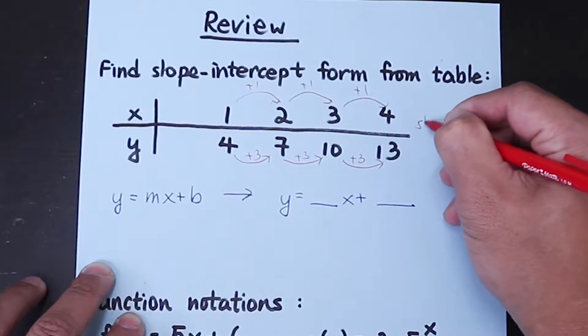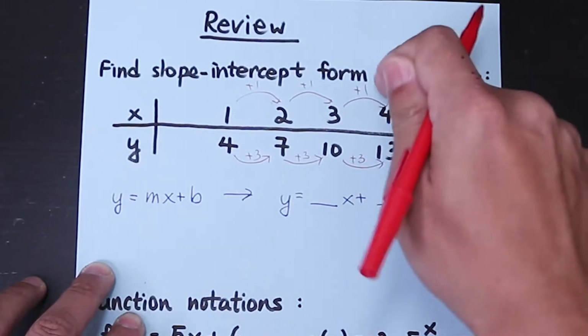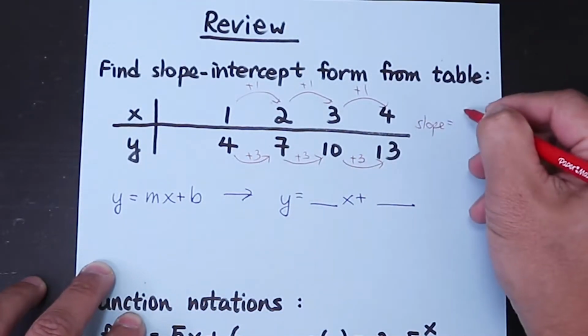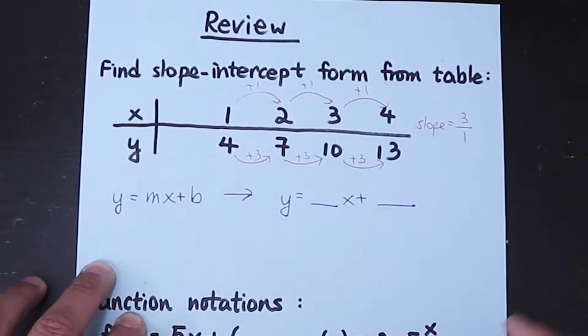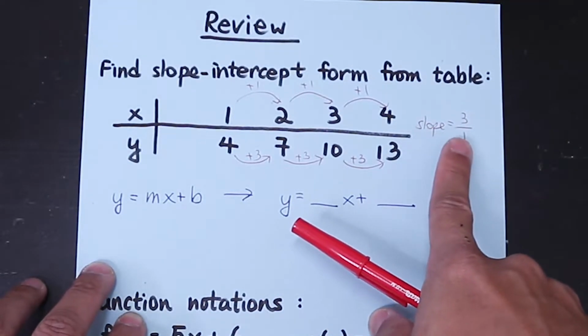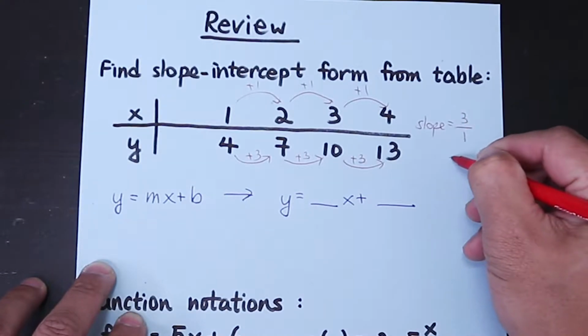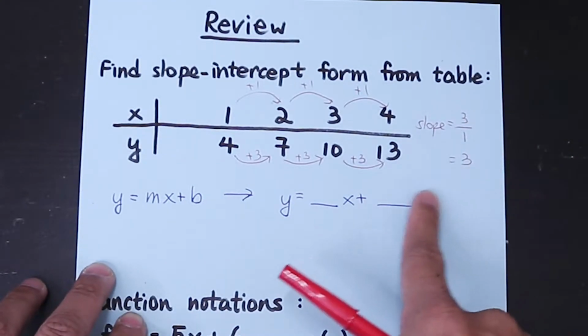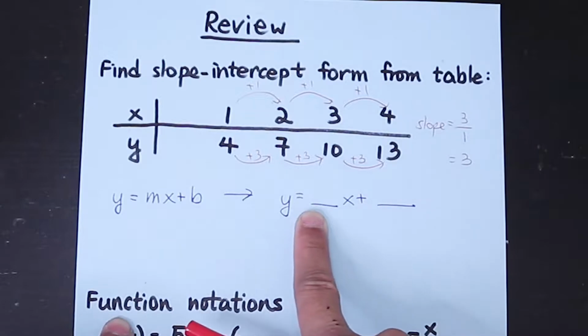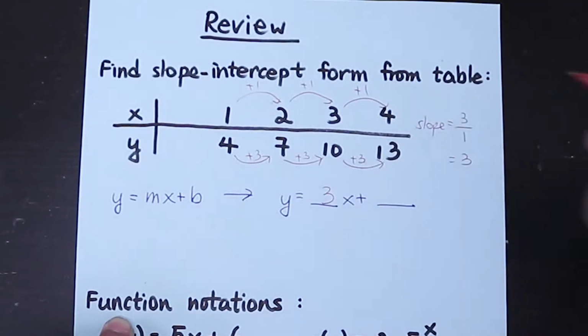So your slope will be the ratio of these two numbers. You put the 3 on the top of the fraction, and you put the 1 at the bottom of the fraction. So your slope is going to be 3 over 1, which is 3. And you put this number 3 into the coefficient of x, so this is 3x.